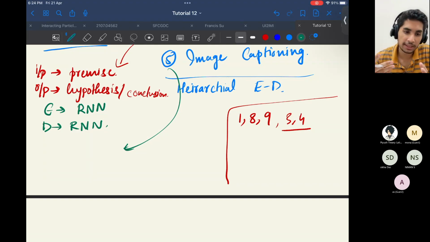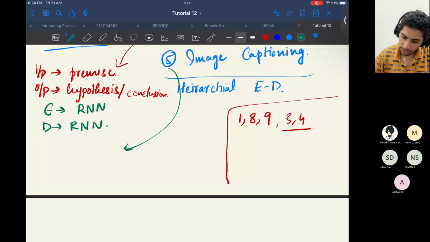The caption is nothing but a description of the image. So image captioning is a task where you give an image as input to a model, and you expect a caption or a description to come out as the output of the decoder.